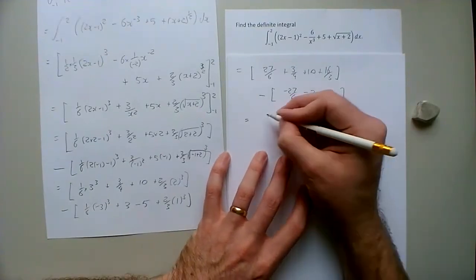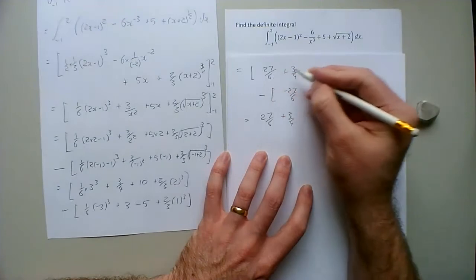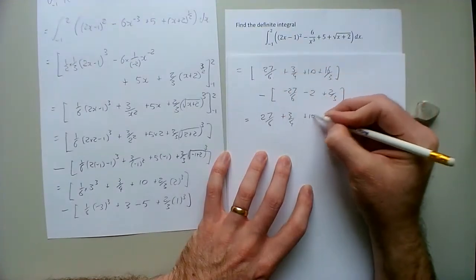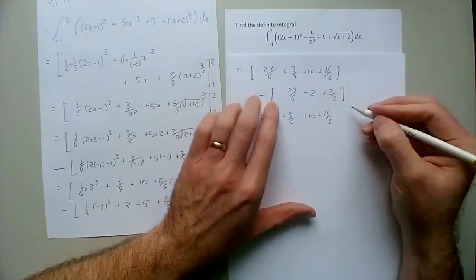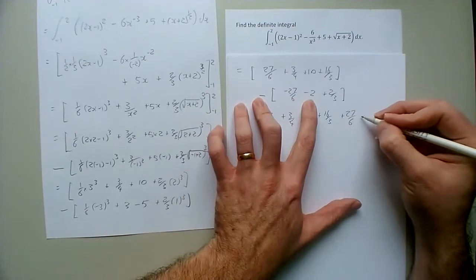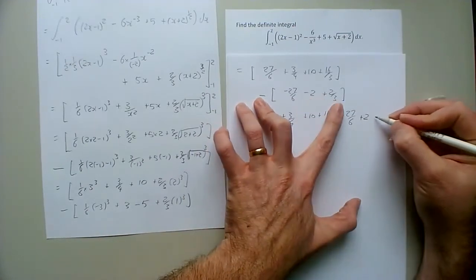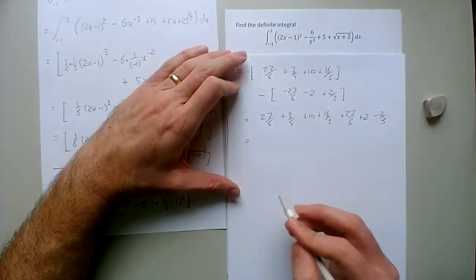I think I'm almost ready now to just expand these out. 27/6 plus 3/4 plus 10 plus 16/3 minus all of these. So minus -27/6 would be plus 27/6. Minus -2 would be plus 2. And minus 2/3 would be minus 2/3. So what have we got?